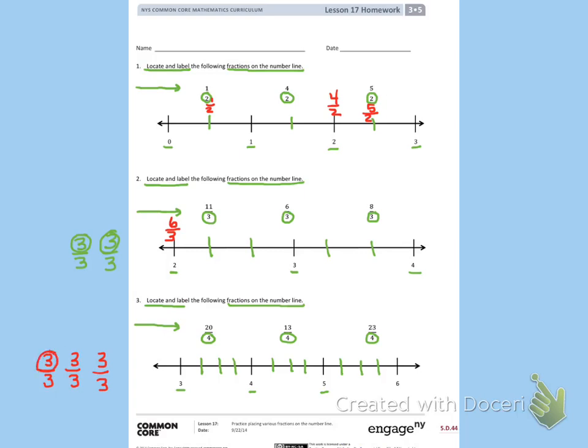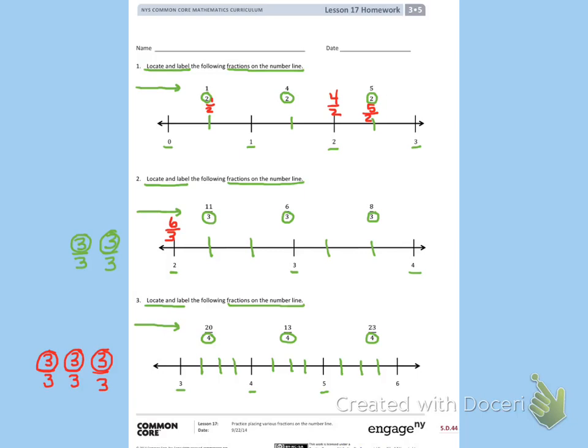So that's 3, 6, 9. 9 thirds would be 3 wholes, and then 10 thirds would be the first hash mark afterwards, 11, and so on.